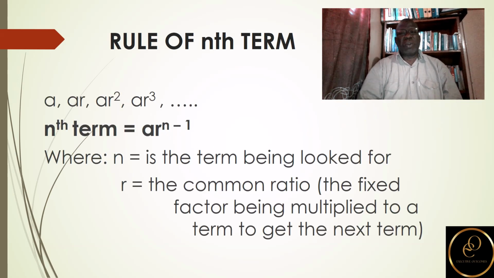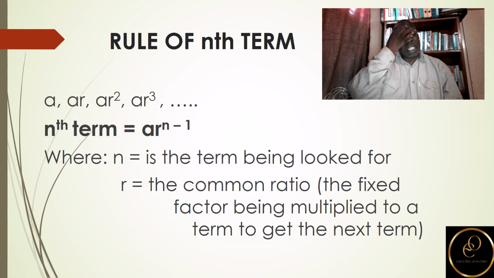So the rule of the nth term is generated from this type of analysis. If you look at the first term to be a, you get the next term by multiplying the first term by a particular fixed number r, so the next term will be a times r.